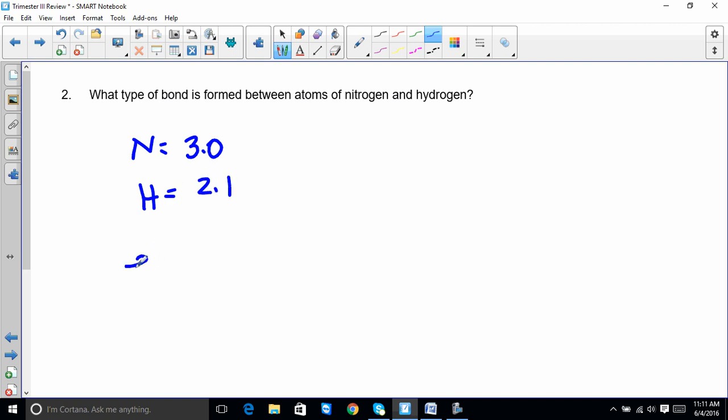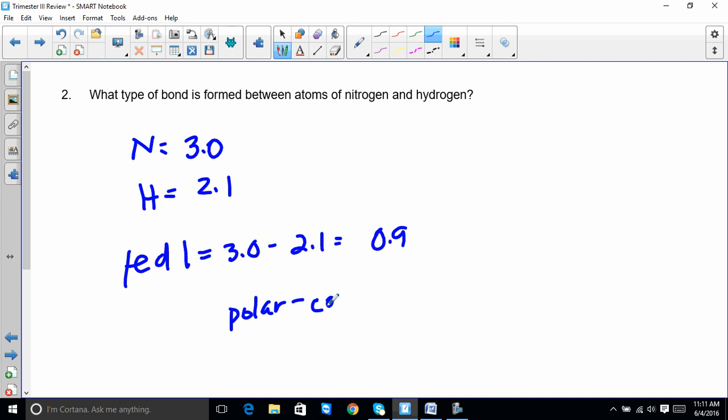If you calculate the electronegativity difference, it's 3.0 minus 2.1, which is 0.9, which is greater than 0.3 but less than 2. So this is a polar covalent bond.